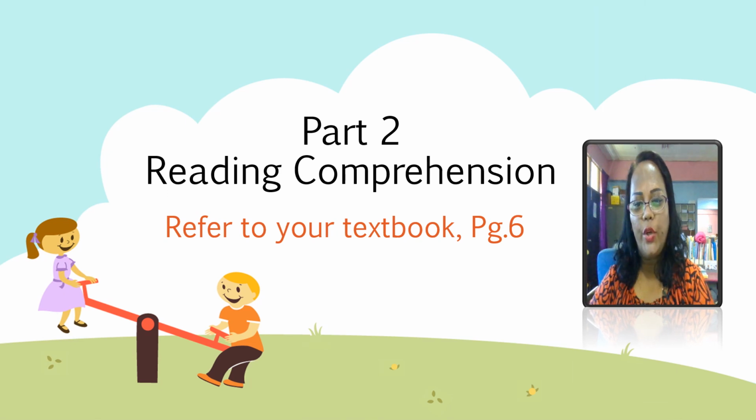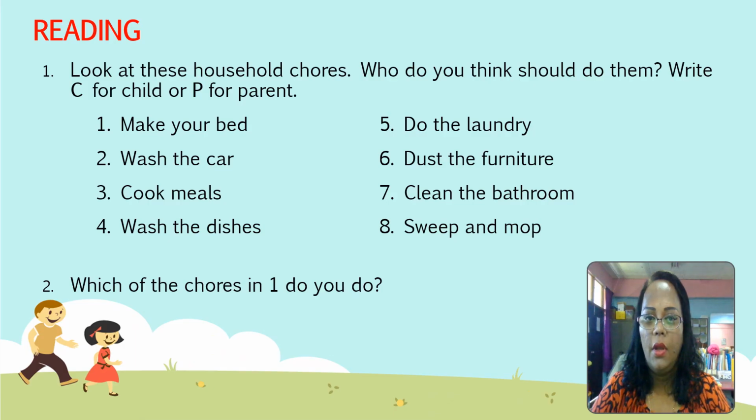Okay, now let's look at another exercise, part 2, reading comprehension. Now, you have to refer to your textbook, page 6. I hope you're ready. Okay? Let's look at this list of chores, right? Alright, what are chores? Chores are things that we do in the house, work that we do in the house.